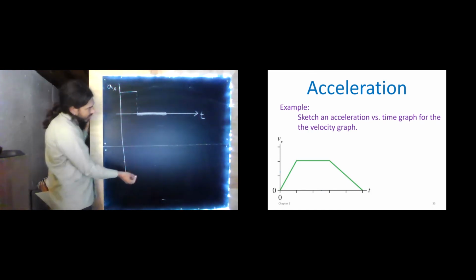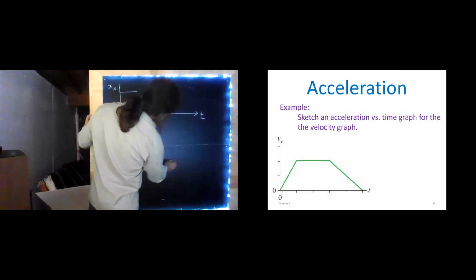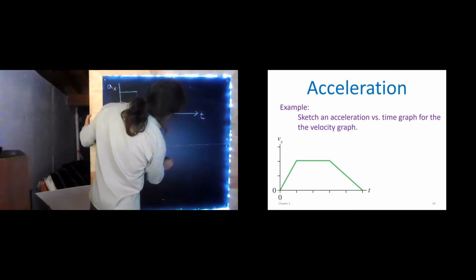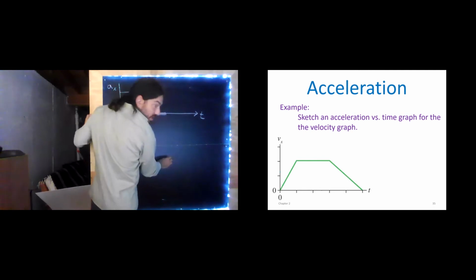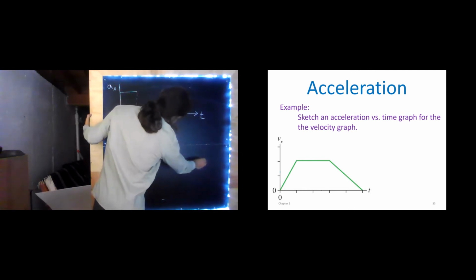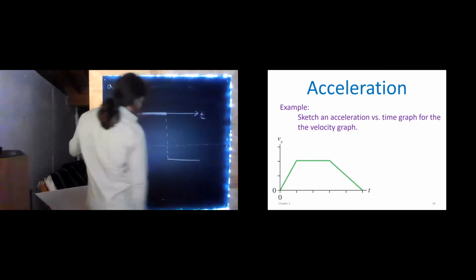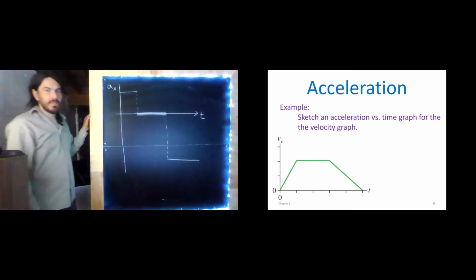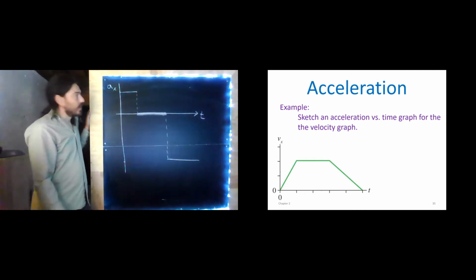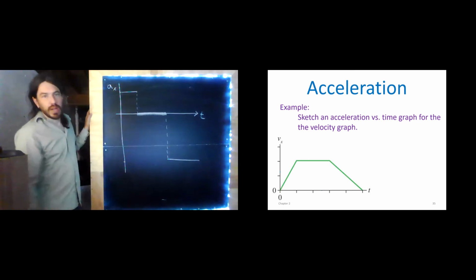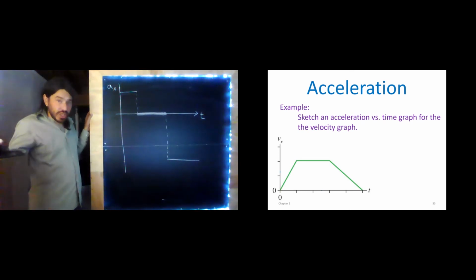Must be down to about right there. Something like this for the last 2 seconds. Okay, there we go. There is my acceleration versus time graph for that given velocity versus time graph. Again, the acceleration is the slope of the velocity versus time graph.